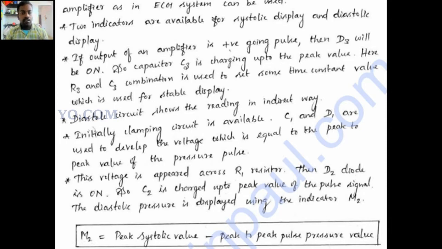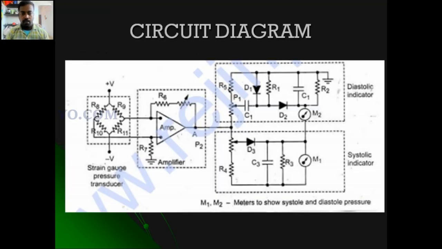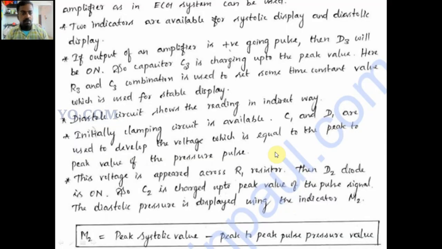R3 and C3 produce a time constant, which is used for a stable display. This is the systolic state. The diastolic circuit shows the readings in an indirect way.